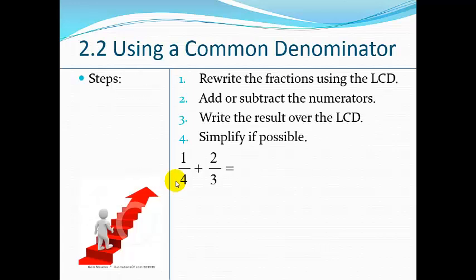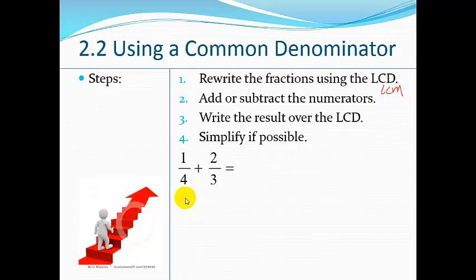So here are the steps, and I'm going to have the steps on the other slides, but you only have to write this down once. The reason I'm going to have it is so we can just reference it. The first thing I want to do is rewrite the fractions using the least common denominator, and remember, that's also what we call the least common multiple. A couple of things you could do: some of you can probably just see that it's 12. 4 times 3 is 12.